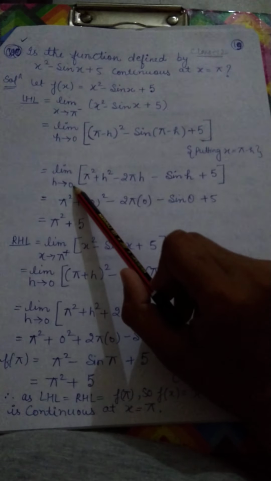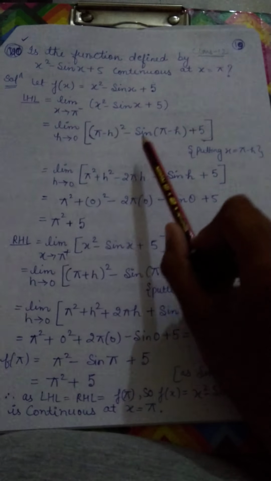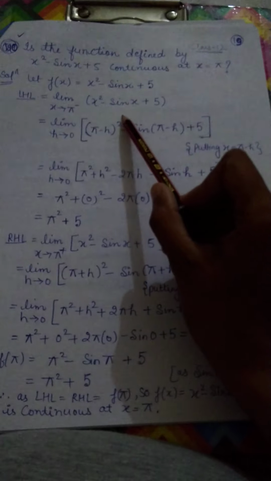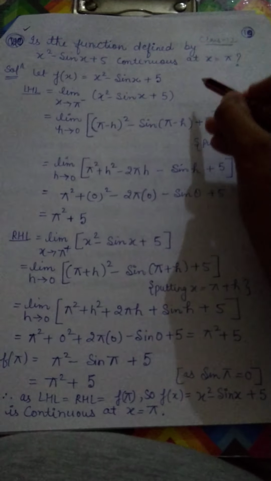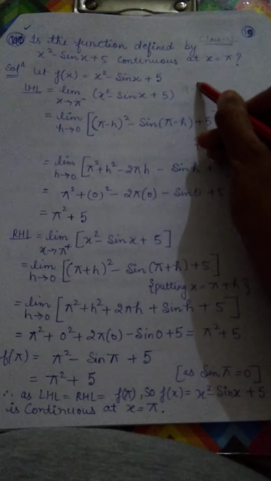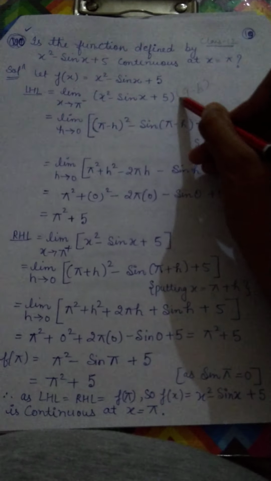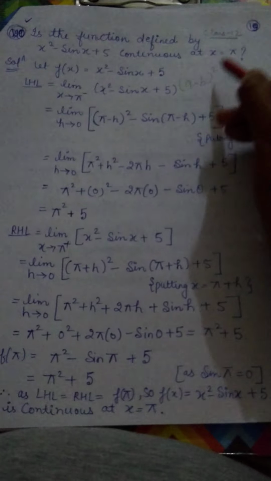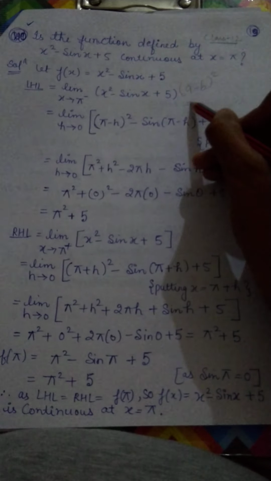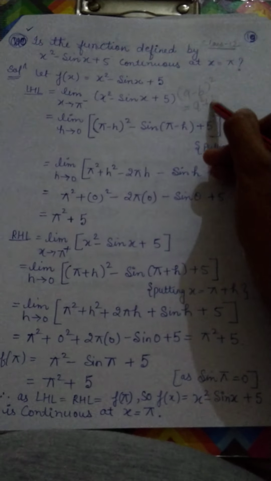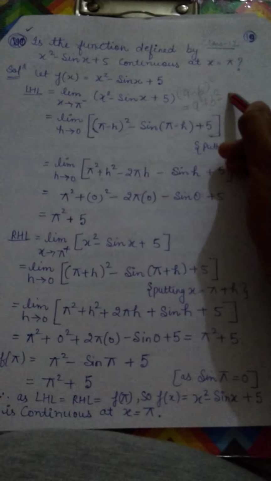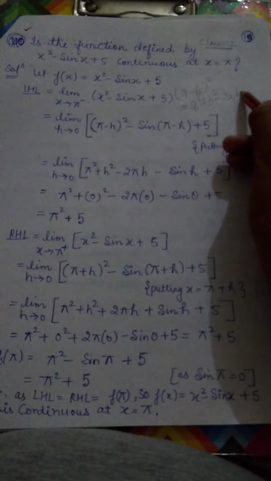H tends to 0, and I am opening this whole square. All of you already know that a minus b whole square is always equal to a square plus b square minus 2ab.